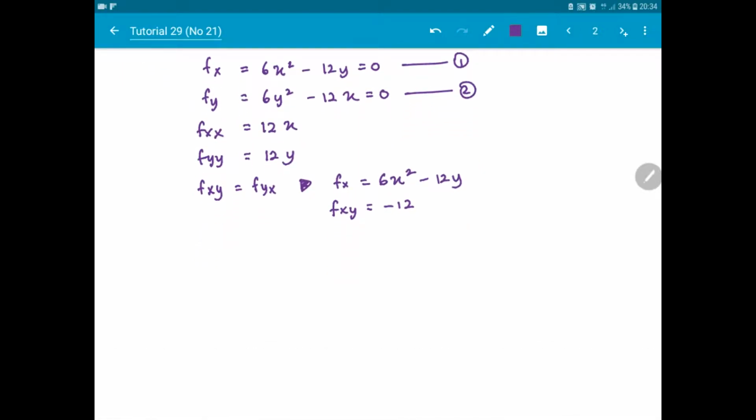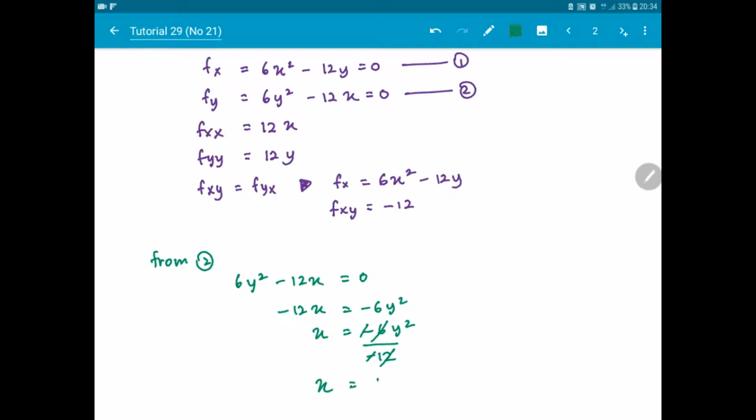Now from equation 2, we know that 6y squared minus 12x equals 0. Negative 12x equals negative 6y squared. x equals negative 6y squared over negative 12. So x equals y squared over 2.